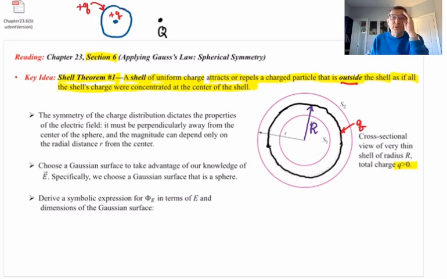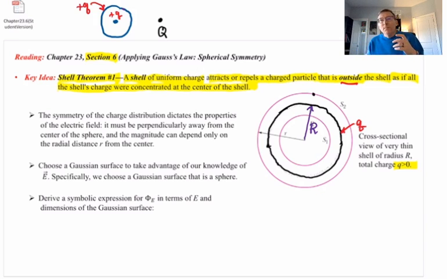Here's what we have to be able to deduce. From that spherical symmetry of the charge distribution, what can we deduce about the electric field it produces at a point, say, outside the shell, like maybe right there, at that point in space?